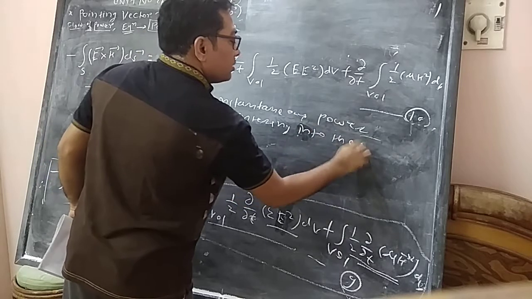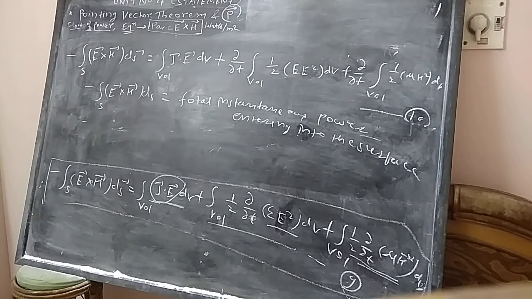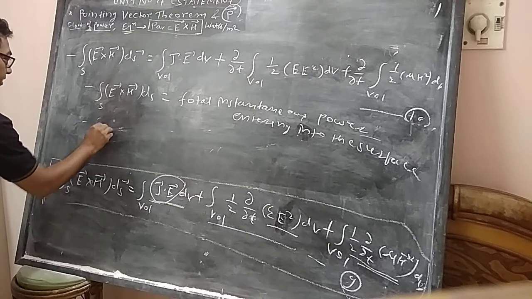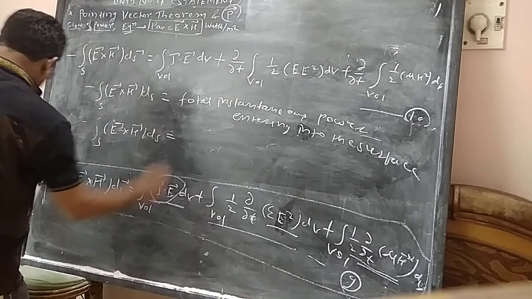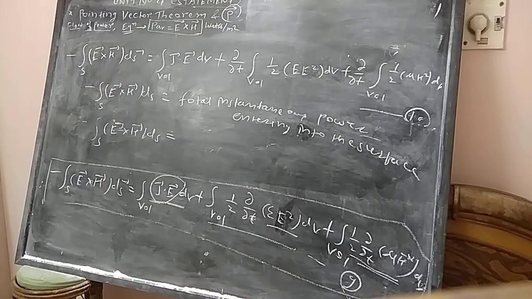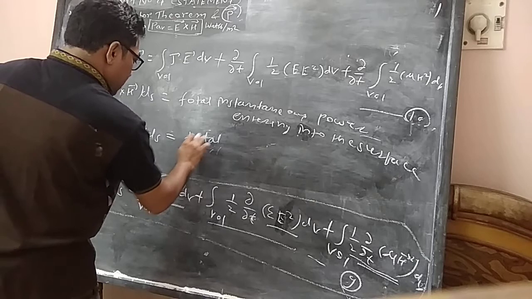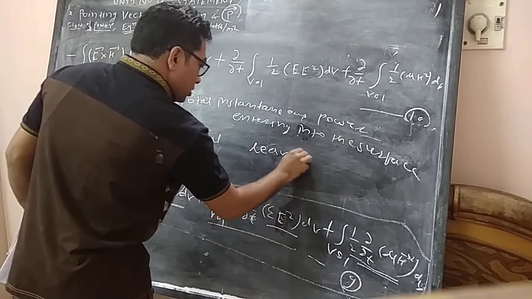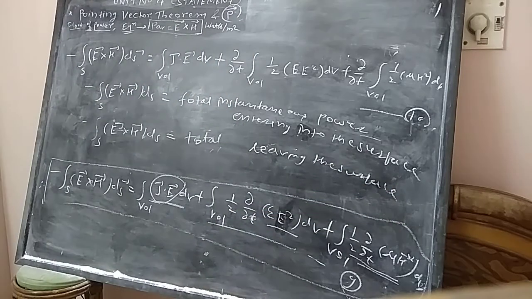And if we take the plus sign, E vector cross H vector into ds gives the total instantaneous power leaving the surface. So entering the surface and leaving the surface.